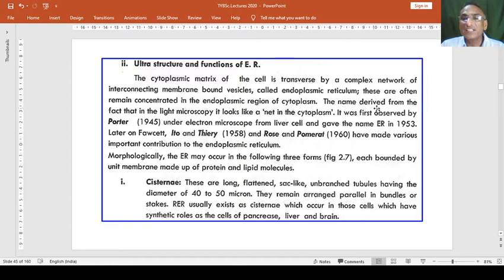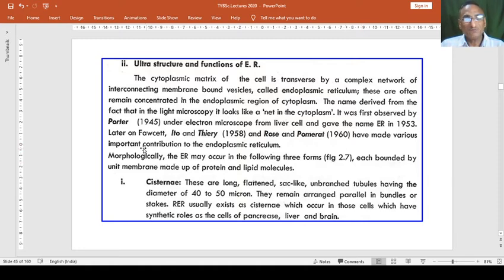The name derived from the fact that in light microscopy it looks like a net in the cytoplasm. It was first observed by Porter in 1945 under the electron microscope from the liver cells and gave the name ER, or endoplasmic reticulum, in 1953.